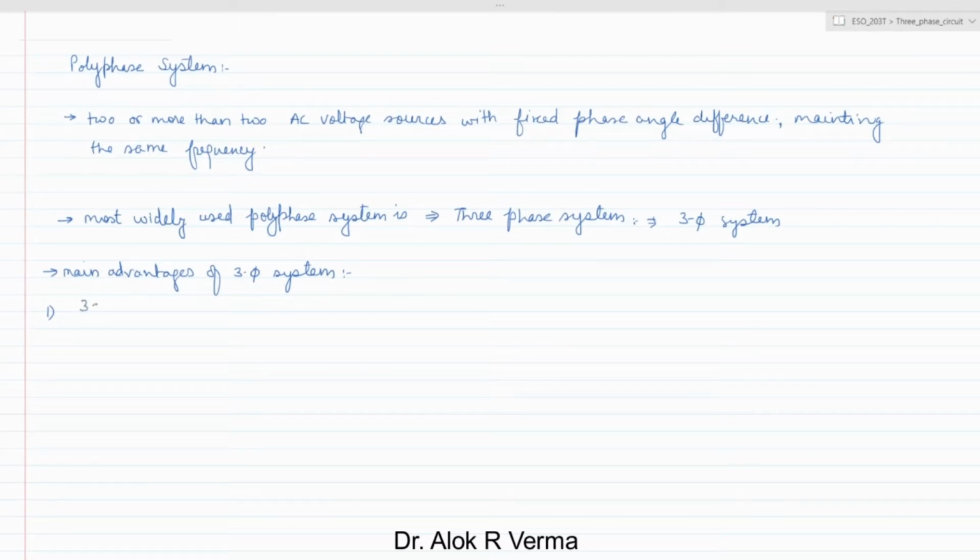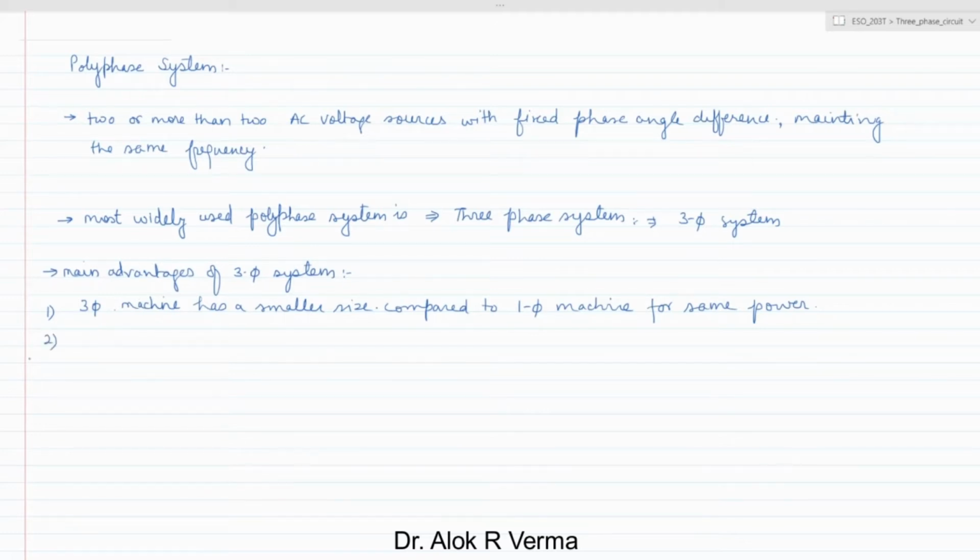So a three-phase electrical machine has a smaller size for the same power rating compared to a single-phase machine.